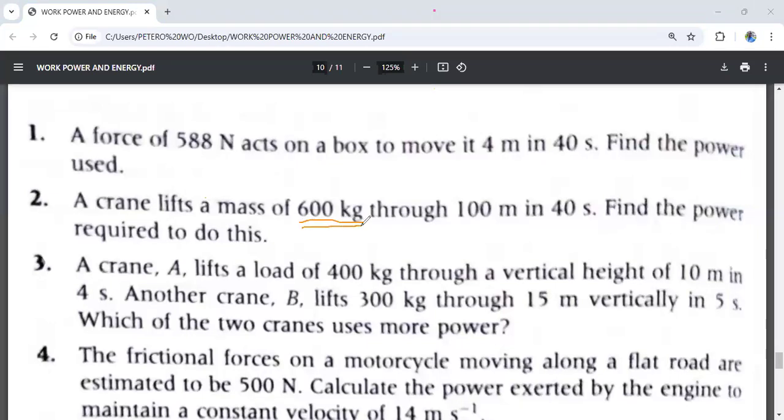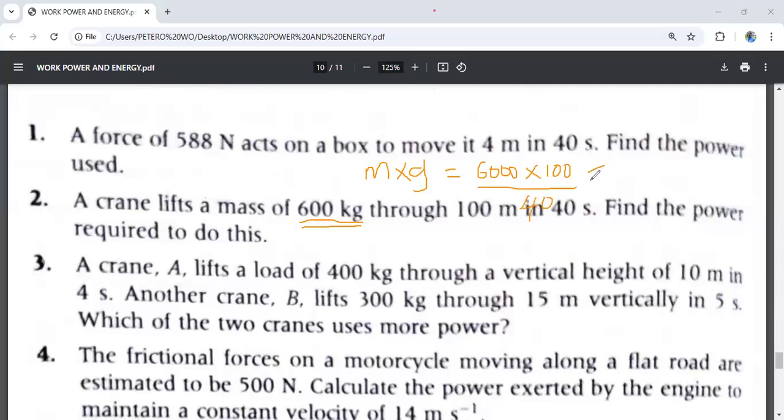I told you if they give you mass, then you make it a force by multiplying by 10, which is the acceleration due to gravity. So that means our weight will be 6,000. Now that 6,000, remember we have to multiply it by the distance, which is 100, and then divide it by 40.